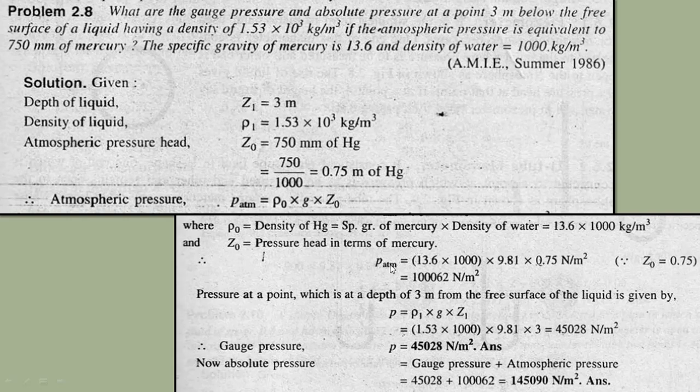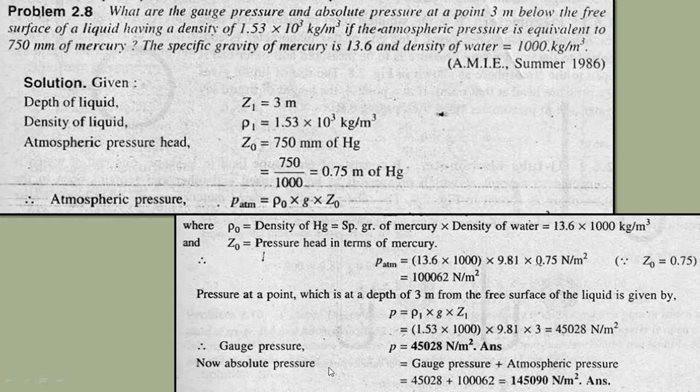So atmospheric pressure is equal to 13.6 into 1000 into 9.8 into 0.75 Newton per meter square, where Z0 is 0.75 meter. Your pressure at a point at a depth of 3 meter from the free surface of the liquid is given by P is equal to ρ1 into G into Z1. So it is 1.53 into 1000 into 9.81 into 3. So this is the gauge pressure.